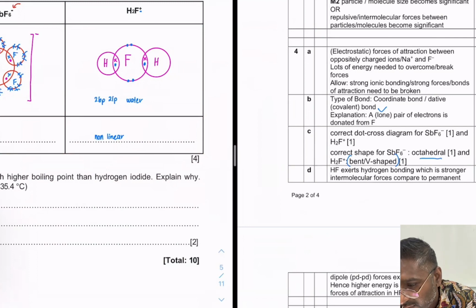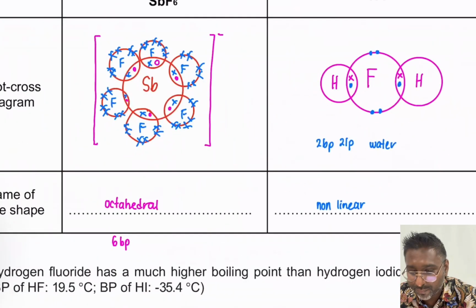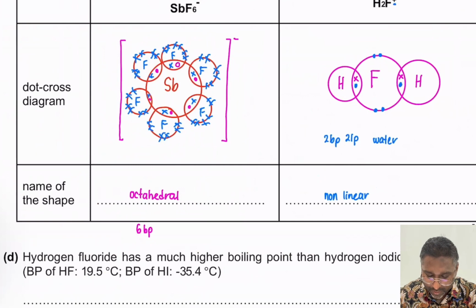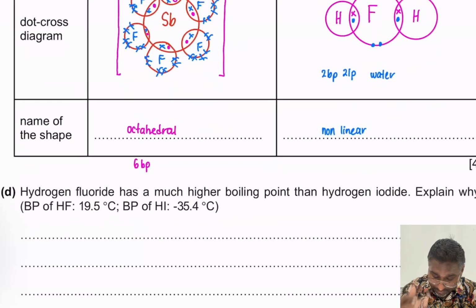This was the answer for last year. But for you, now you cannot mention bent or V shape. It must be non-linear. Please take note of this, very important. In the marking key, we will not include V shape, we will not include bent shape or whatever shape. It's non-linear.